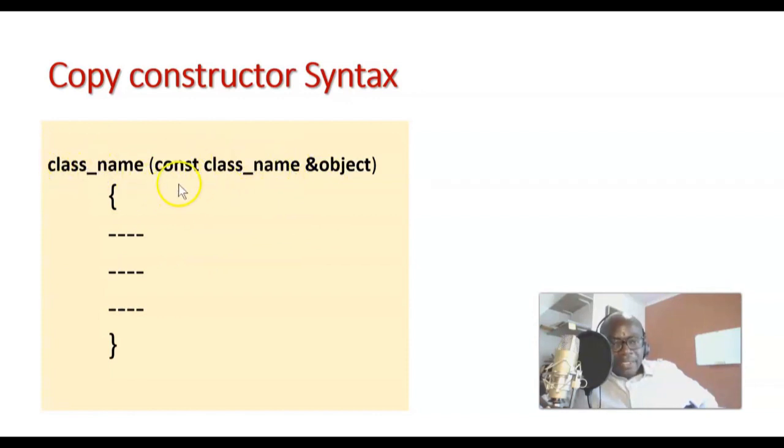The class name you had here is also written inside it. Why are we doing that? We're trying to make a copy, and you have this ampersand and the name of the object. And of course you're going to write the code of what you want it to do here. Now this is the syntax. Again, do not feel confused about this, because it will make sense when we get into the code editor.